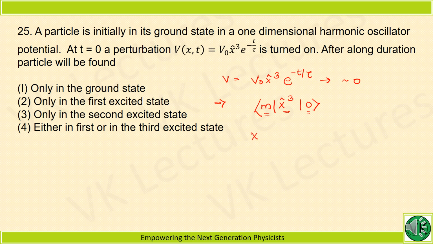We know that x is proportional to a plus a dagger, where a is the annihilation operator and a dagger is the creation operator. So we need to act x cubed on the ground state. Let us see what will happen.